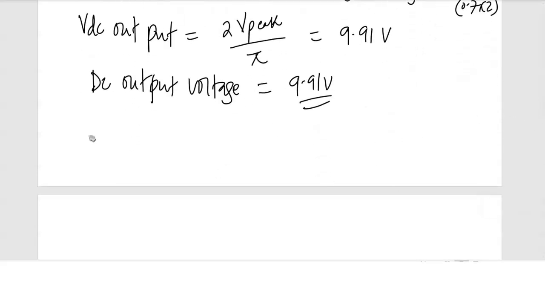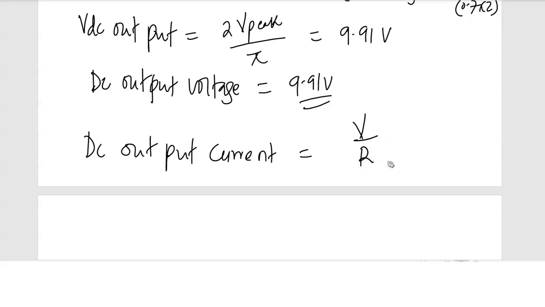What about the DC output current? The DC output current will be the voltage divided by the resistor. So this is 9.91 divided by 12, and this is going to give us 82.6 times 10 power negative 3.